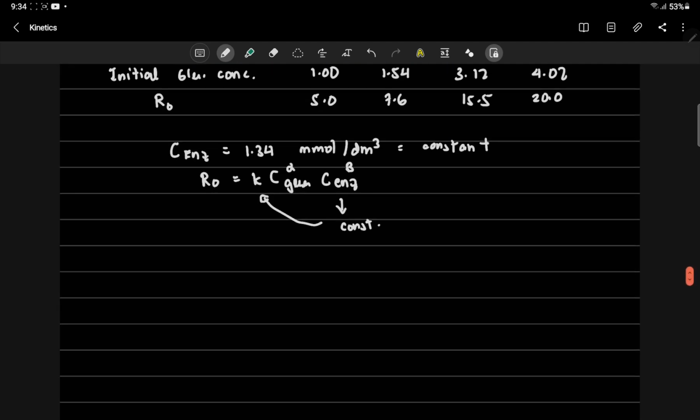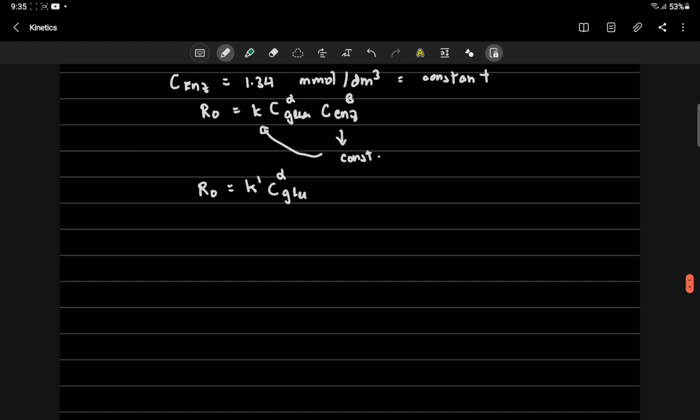So in that case, the expression can be simplified as R naught or R sub 0 equals K prime times C, or the concentration of glucose raised to alpha. So this is now our simplified rate law expression pending the determination of the order of the reaction alpha. And you can do this for cases wherein the other reactant is constant, such as for example, if you have a solvent wherein it's in larger amounts, which is constant, so we can merge that into the rate law, or into the rate constant K.